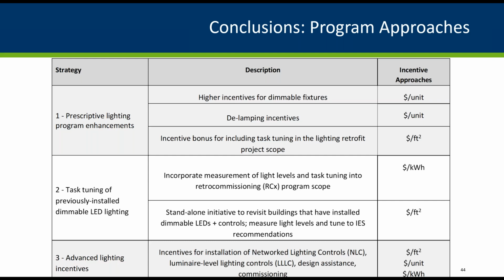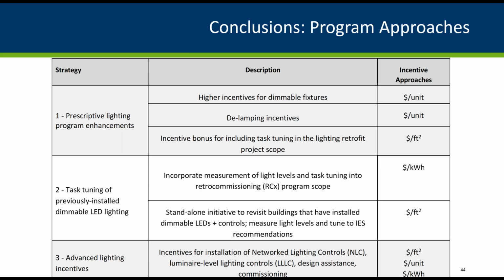And now to address our third strategy. In the last 5 years, utilities across the country have begun deploying incentives for advanced lighting technologies like network lighting controls and luminaire level lighting controls.